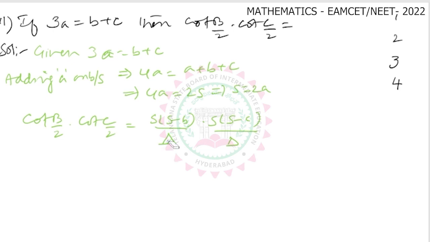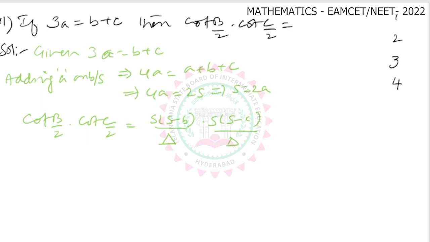So, what is this, s into s minus b into s minus c by delta? In the denominator I am having delta square. So, in the numerator also, I want to cancel this delta square.